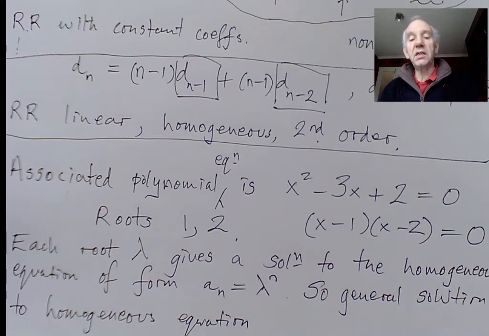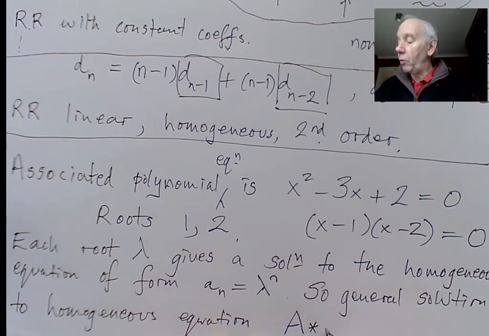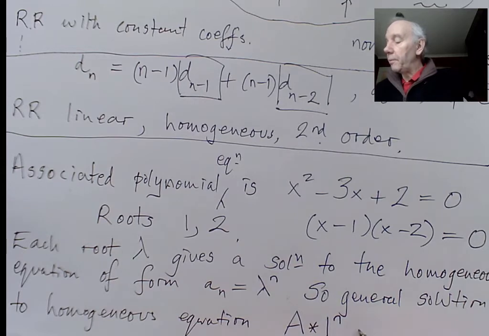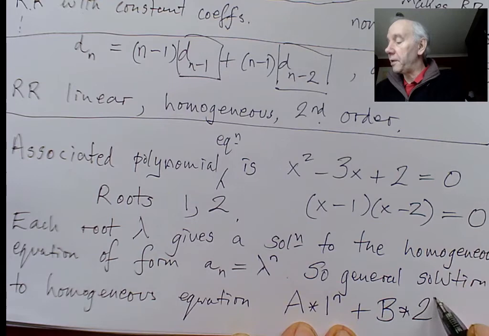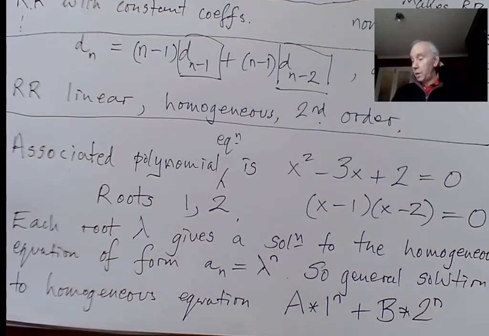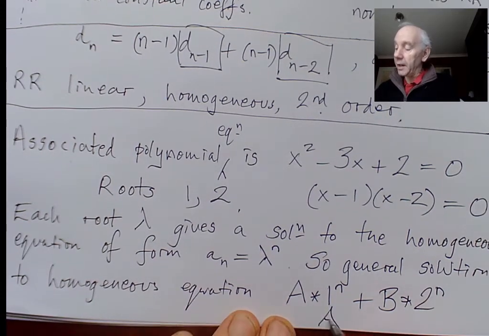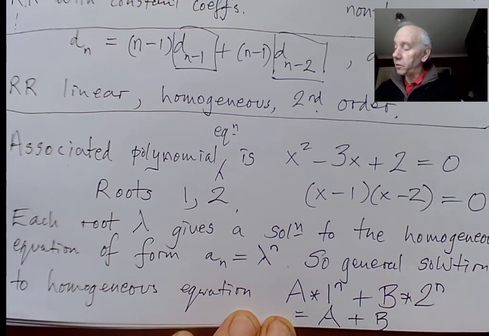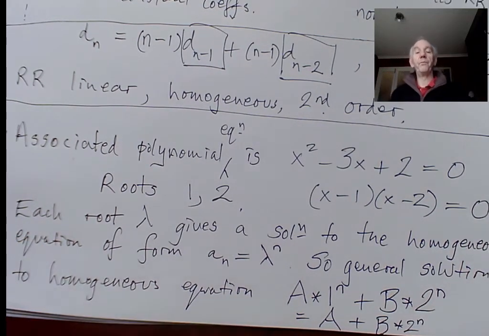And since this is a linear setup, and we're talking about homogeneous equations for the moment, I can take any linear combination of those solutions and get a solution. So I can take any constant a times 1 to the power n, which of course is 1, plus any constant b times 2 to the power n. That is the same thing as a plus b times 2 to the power n. Remember, I'm using asterisk at times to represent multiplication.